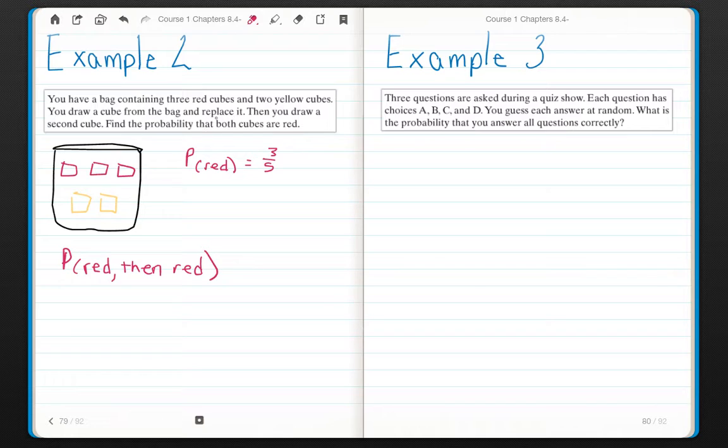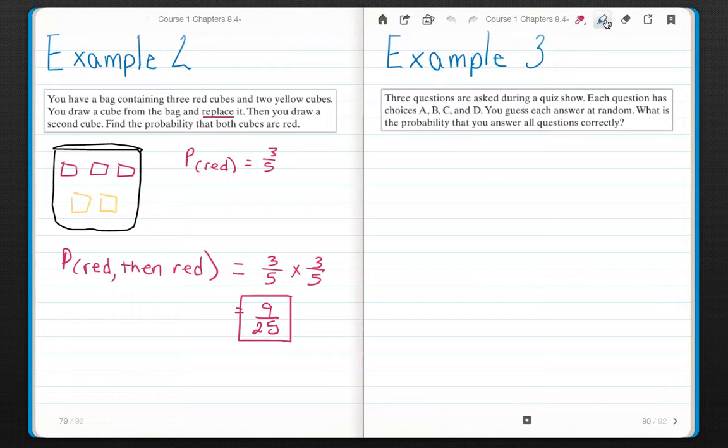Because I replace that cube, and this is the key word here, replace, because I put that cube back in, the probability of getting red the second time is still 3/5, because there are still 5 cubes in the bag and 3 of them are still red. So the probability of getting red and then a red is 3/5 times 3/5, which equals 9/25, because you multiply fractions straight across. So the probability of getting a red and then another red is 9/25.